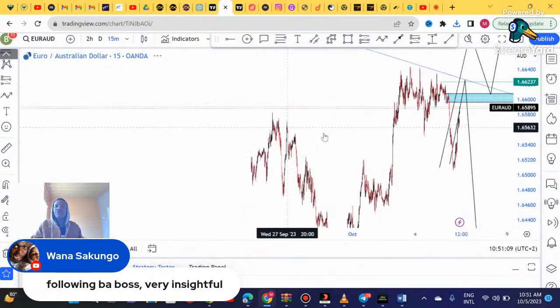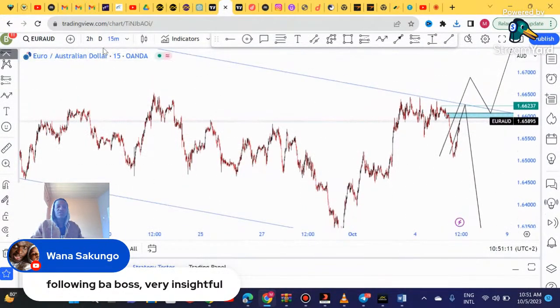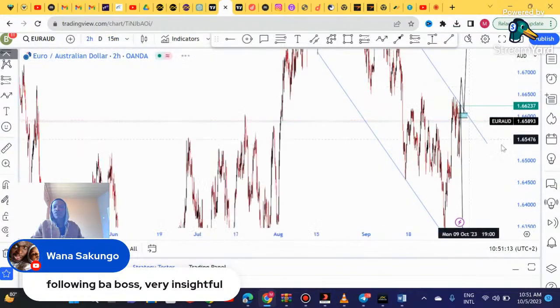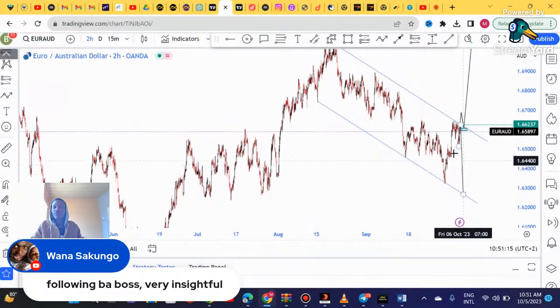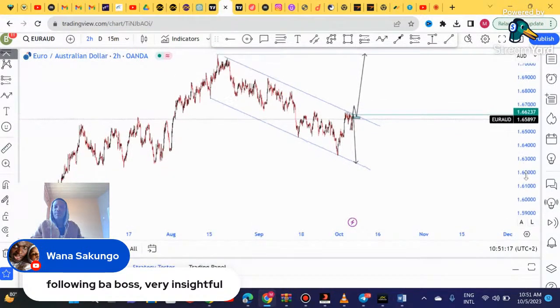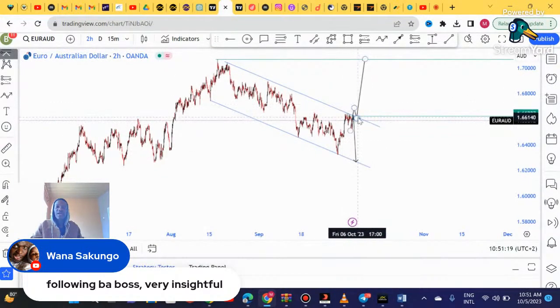All right, Euro AUD. Like I mentioned, this is what we're expecting for now. Either price would come here and retrace, or it will break out. So here it's a two-way thing. We'll have to wait, and we'll only enter with confirmation.